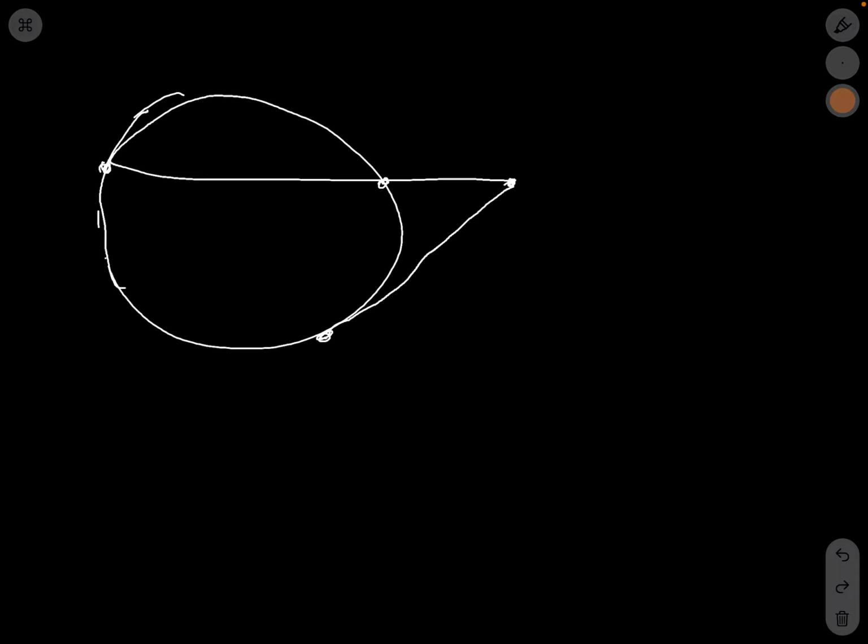Okay, so I'll label this T. I'll label this E for the external part of this secant, and I'll label this S. So the tangent-secant power theorem is basically this: tangent squared is equal to the external part of the secant multiplied by the length of the whole secant.